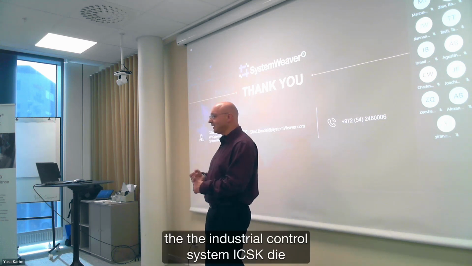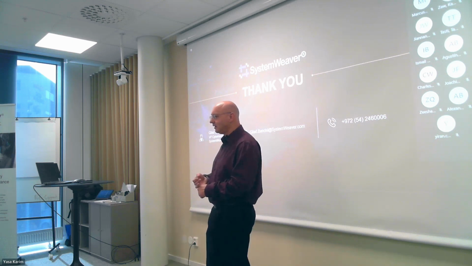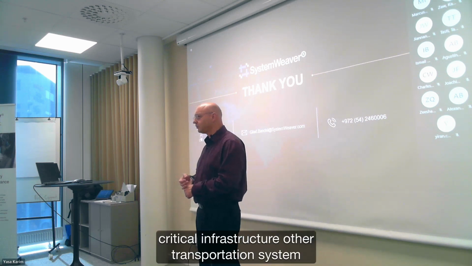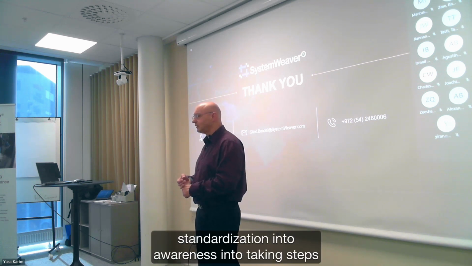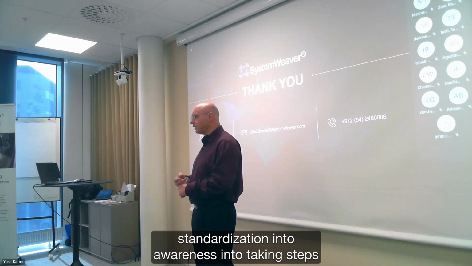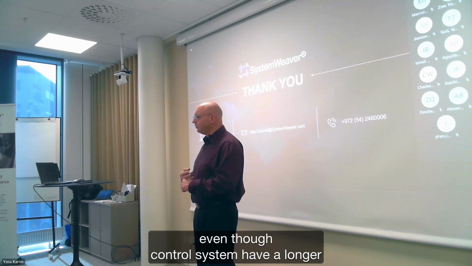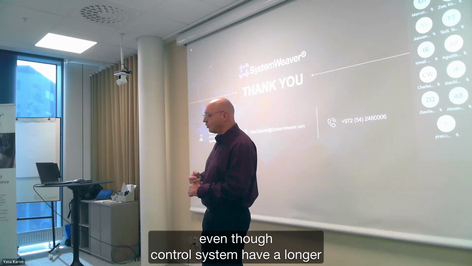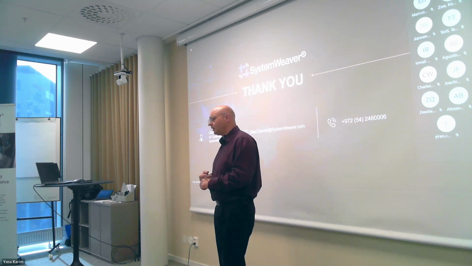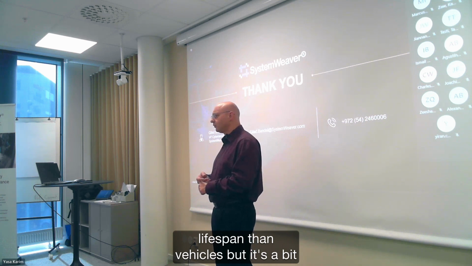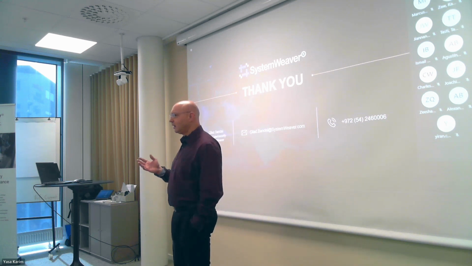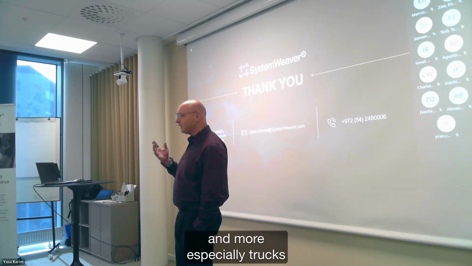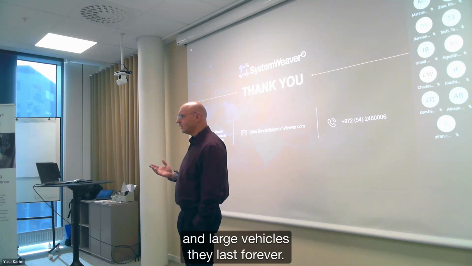The industrial control system, IC-SCADA, critical infrastructure, and other transportation systems moved ahead of the automotive industry into standardization, into awareness, into taking steps. Even though control systems have a longer lifespan than vehicles, it's a bit comparable. You can claim that a vehicle can last 20 years and more, especially trucks and large vehicles.